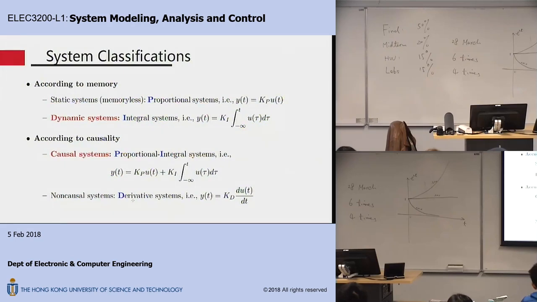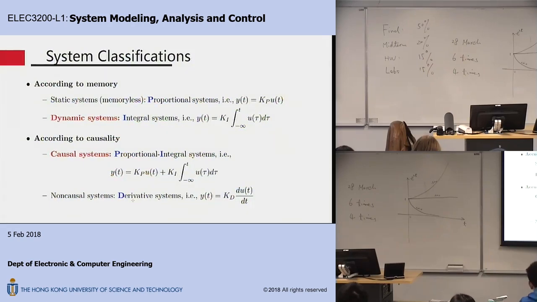So this system is called a proportional system, simply called a P system. Memoryless, static. That's too simple. Actually, this is just like an amplifier. Whatever input signal I take, I just multiply by a constant and send it out. Too simple. We need to use it, but it's not exciting.